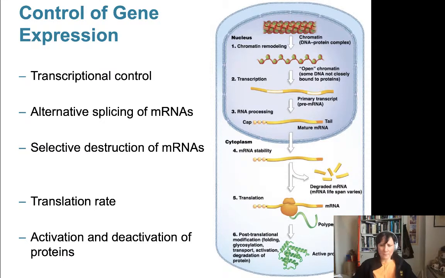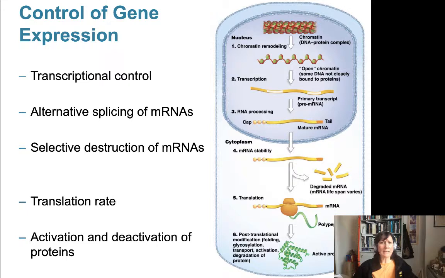So differentiation is determined by the differential gene expression that's going on in that cell. Now, gene expression is controlled a number of different ways. It can be controlled by transcriptional control, so something that's regulating transcription being turned on or off. You can also change gene expression by alternative splicing of mRNAs into and out of segments of the strand. There can be selective destruction of mRNAs.